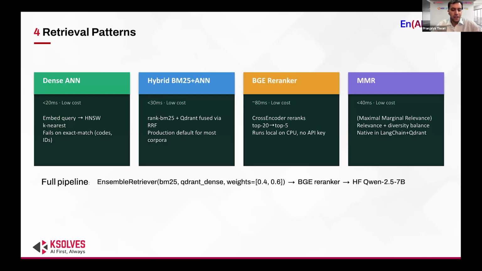So in our vector space, we are able to draw the point. Okay, I have my question, and I find these n number of chunks which are semantically very close to the meaning of this particular query. So this is called dense ANN retrieval, or also the HNSW k-nearest retrieval.